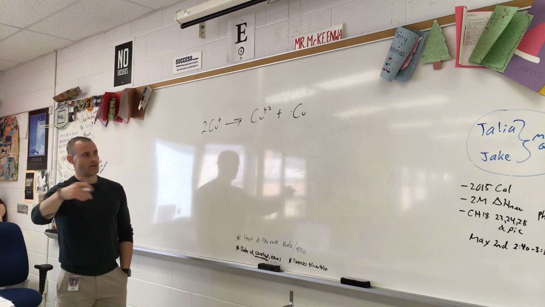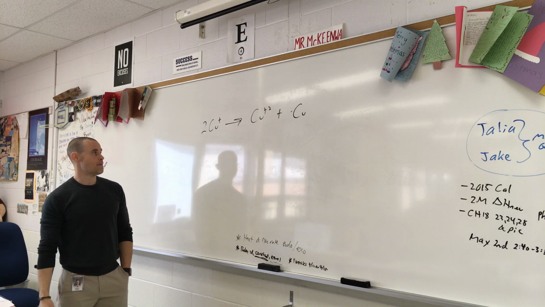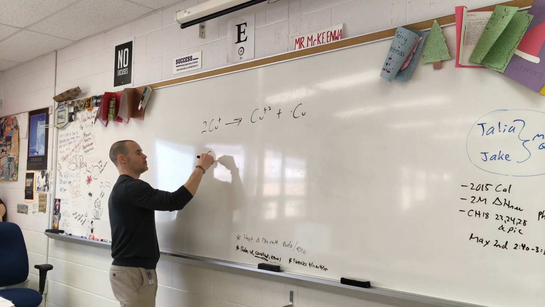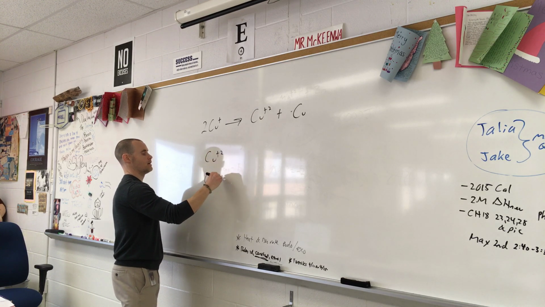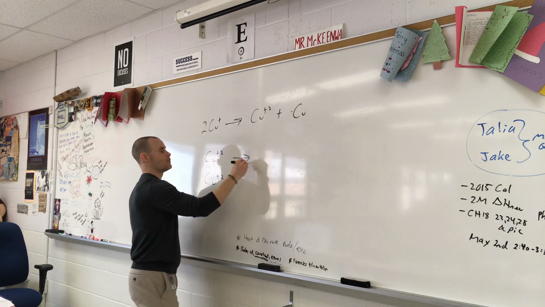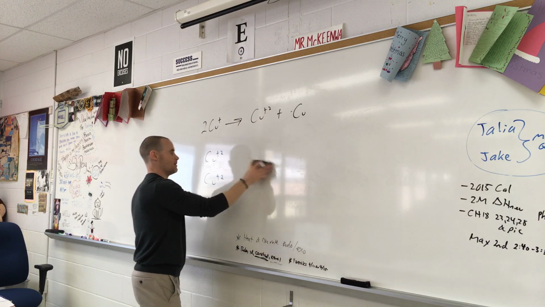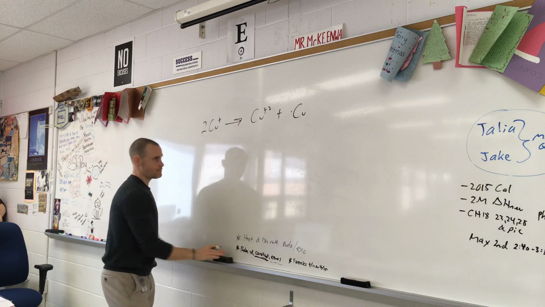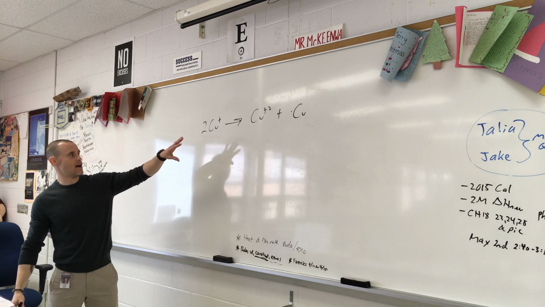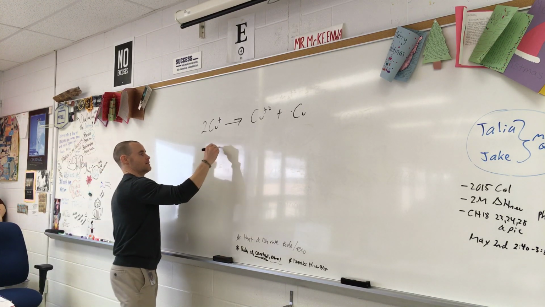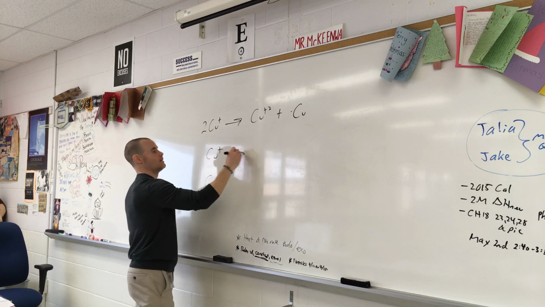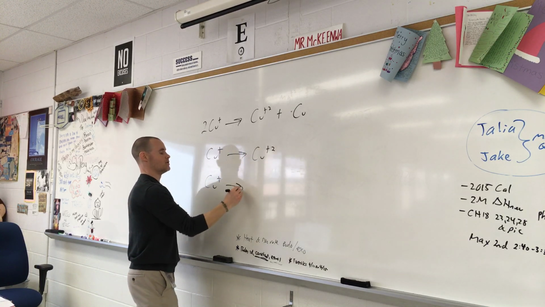Okay, so what's happening here? I wrote in the picture or the Remind a little hint. Essentially you have 2 of these, right? One's doing this and one's doing this.